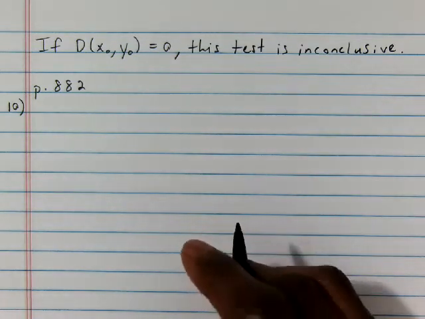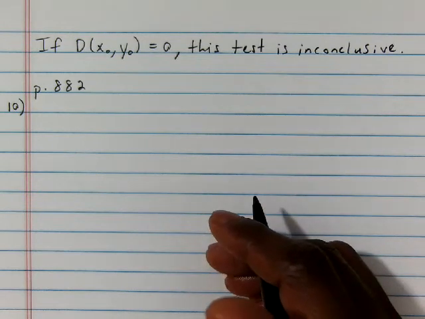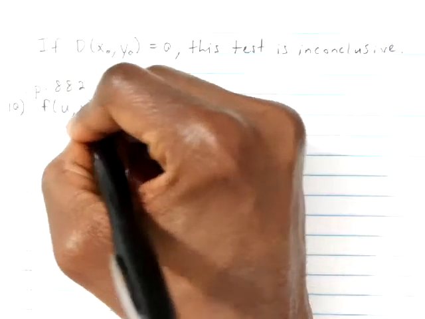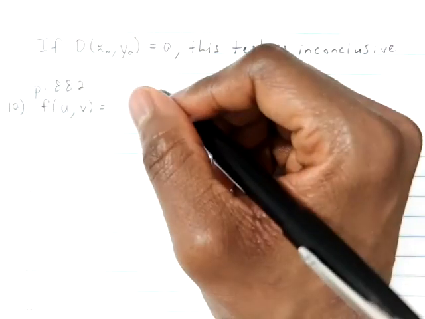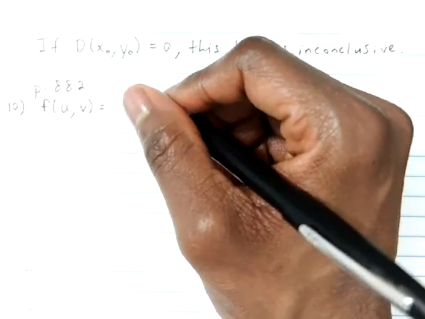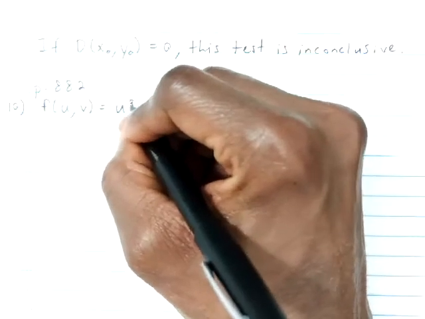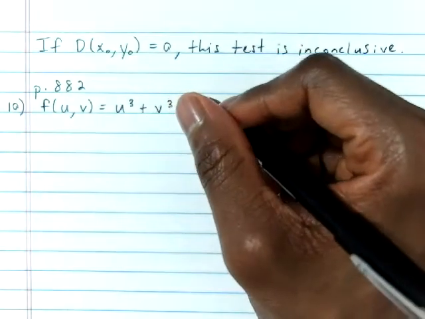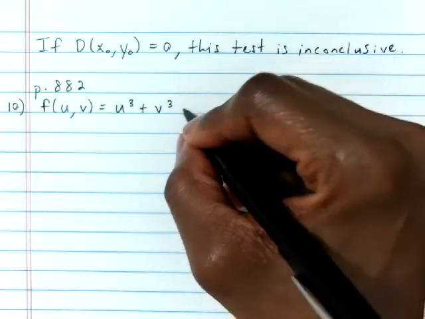So they give us that our function is f of u, v equals u cubed plus v cubed minus 6uv.